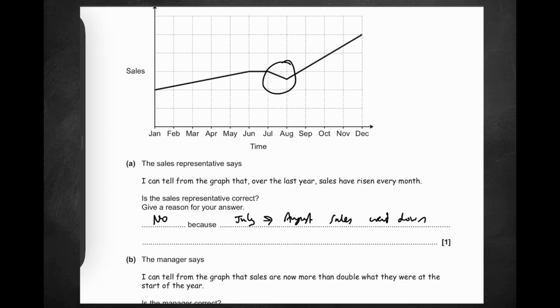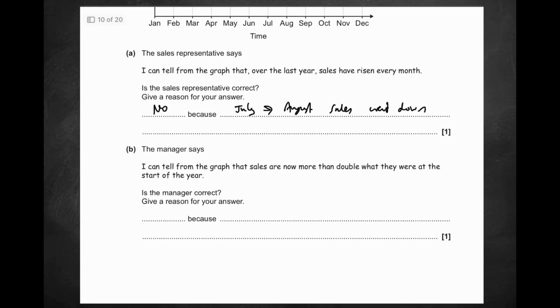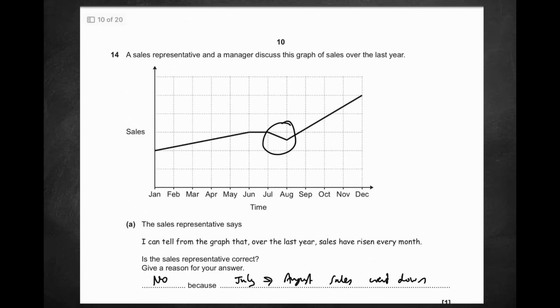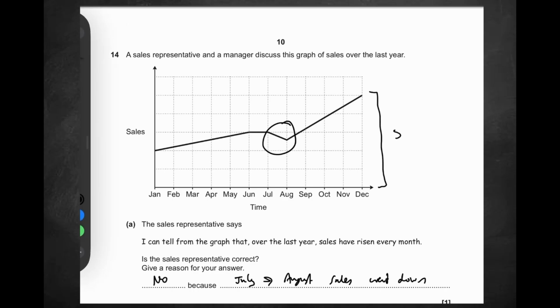Part B. The manager says, I can tell from the graph that sales are now more than double what they were at the start of the year. Is the manager correct? Give a reason for your answer. Well, we can see that this corresponds to 5 squares, and this corresponds to 2 squares, which suggests the number of squares have doubled, but we have no values.